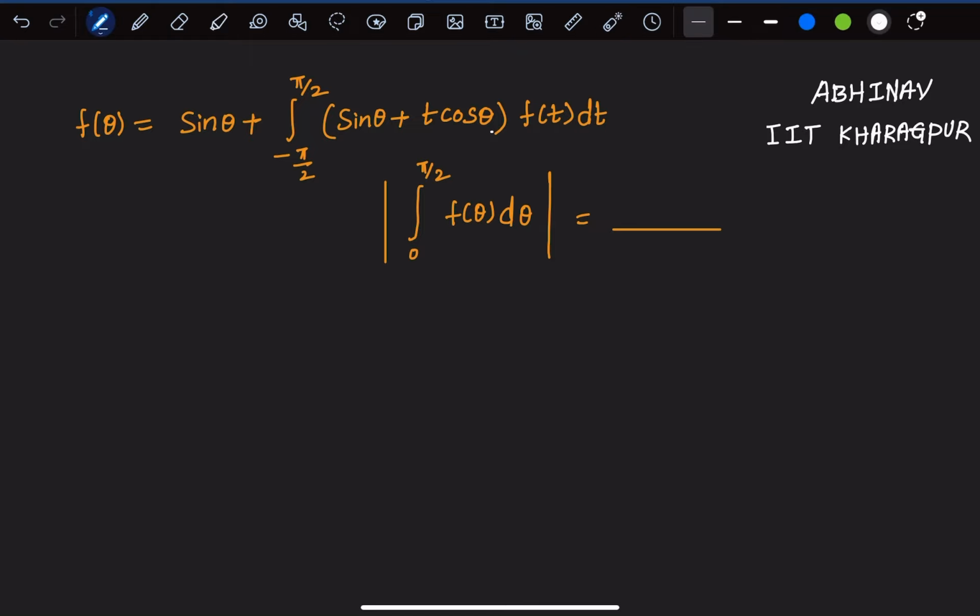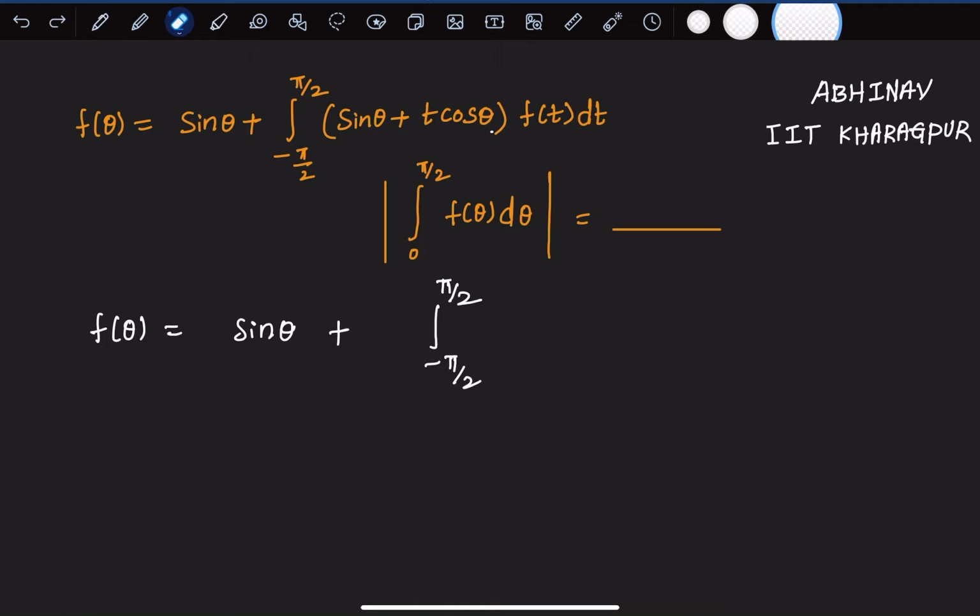So you have a function f of theta given by sine theta plus integral minus pi by 2 to pi by 2. If you notice, the parameter is t here. So these limits are going from t equals minus pi by 2 to plus pi by 2.